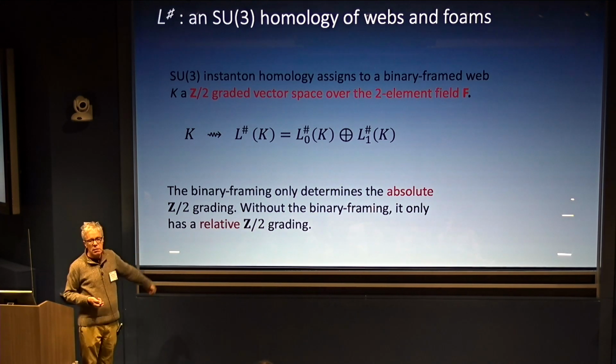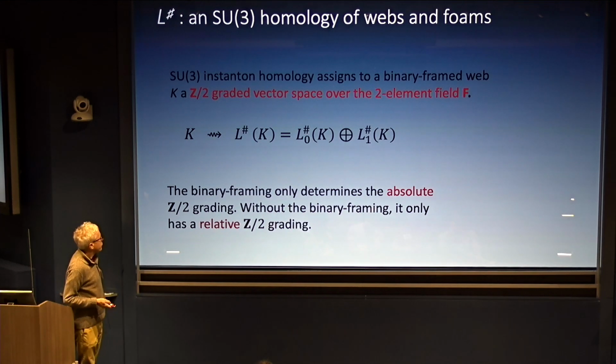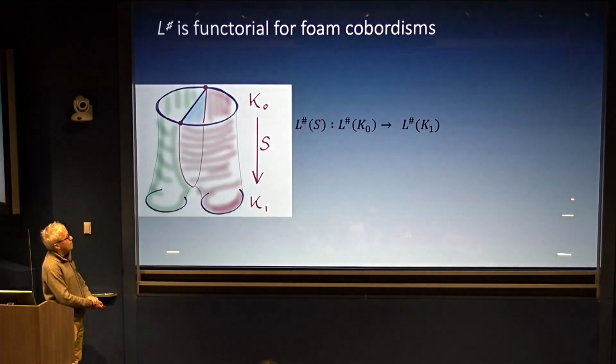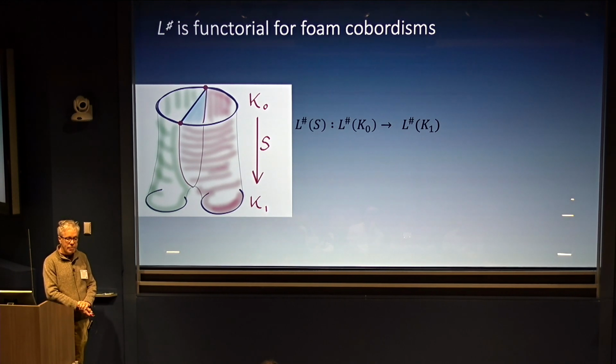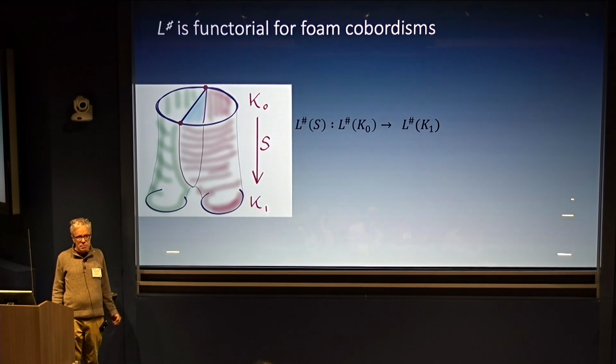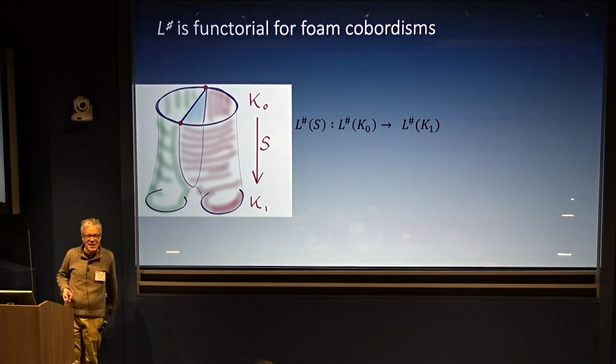The binary framing fixes that. And that's a bit like orienting a 0-manifold. There's actually a canonical choice, and you have to say, well, the other one is just minus that.